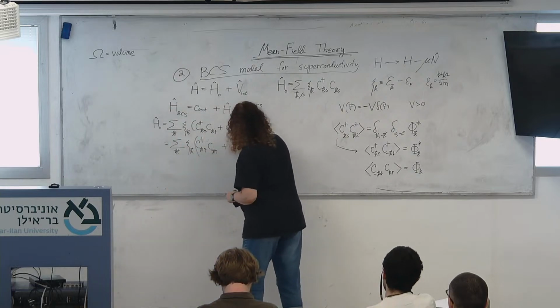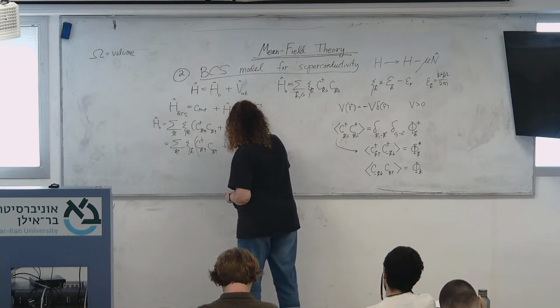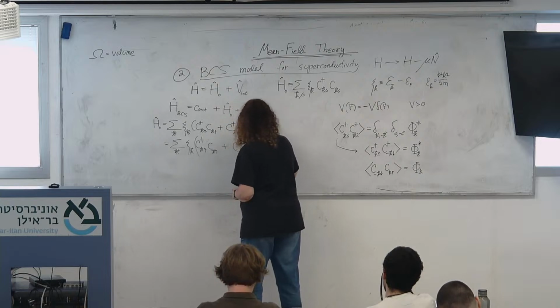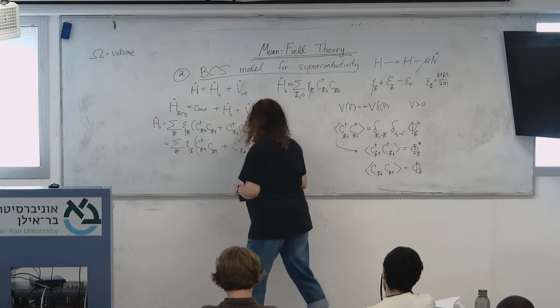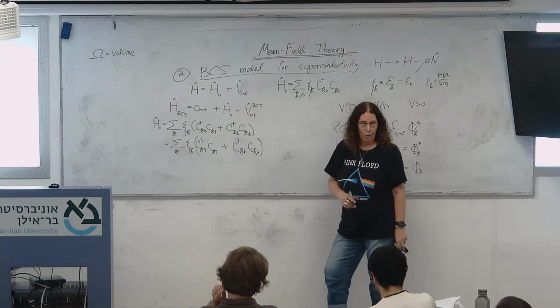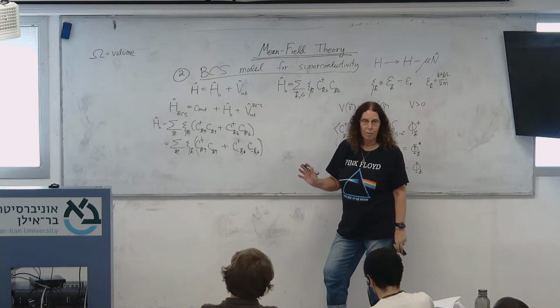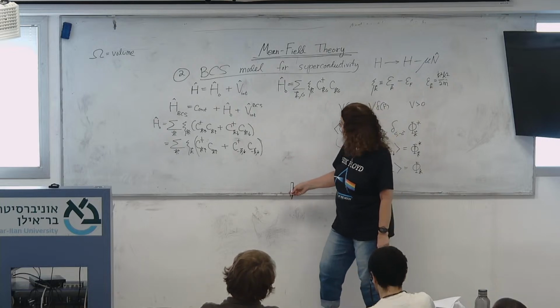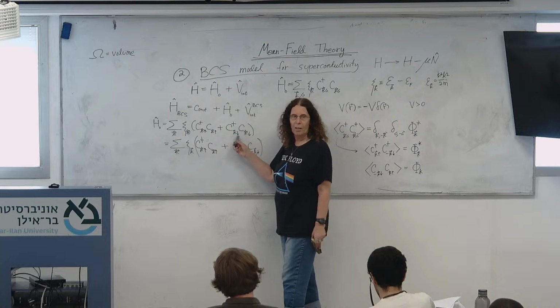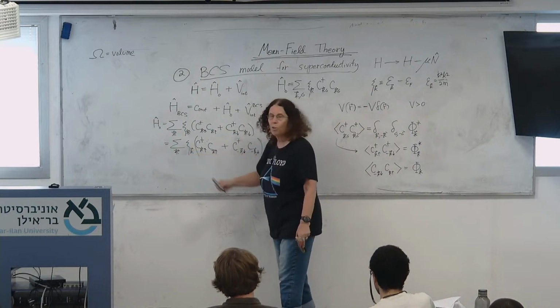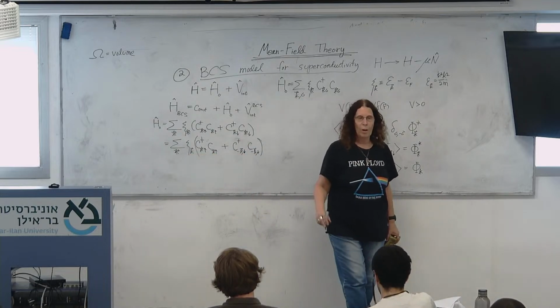Now I'm writing C dagger minus k down, C minus k down. You agree that I'm allowed to do it. Why am I allowed? Because in the second term, I changed all the k's to minus k, but that doesn't change the prefactor, so it's correct.